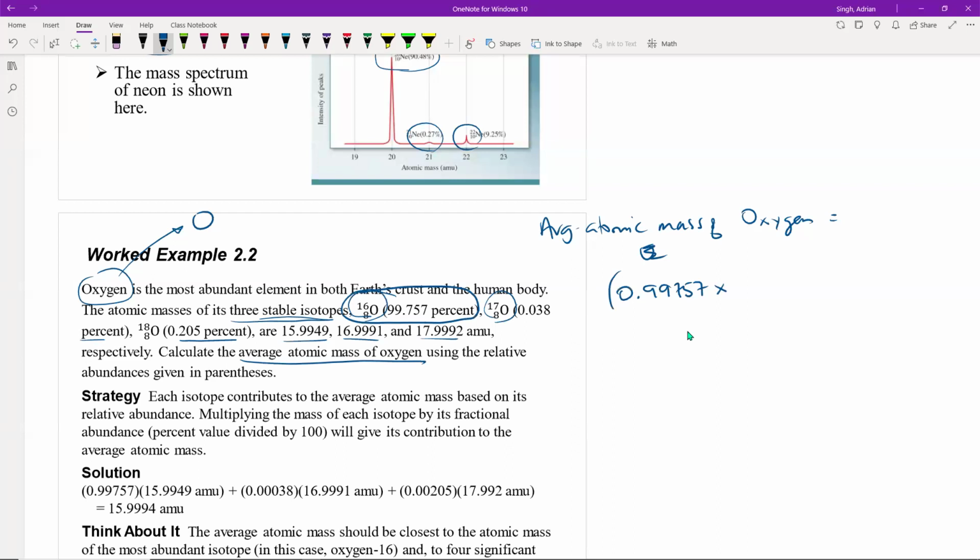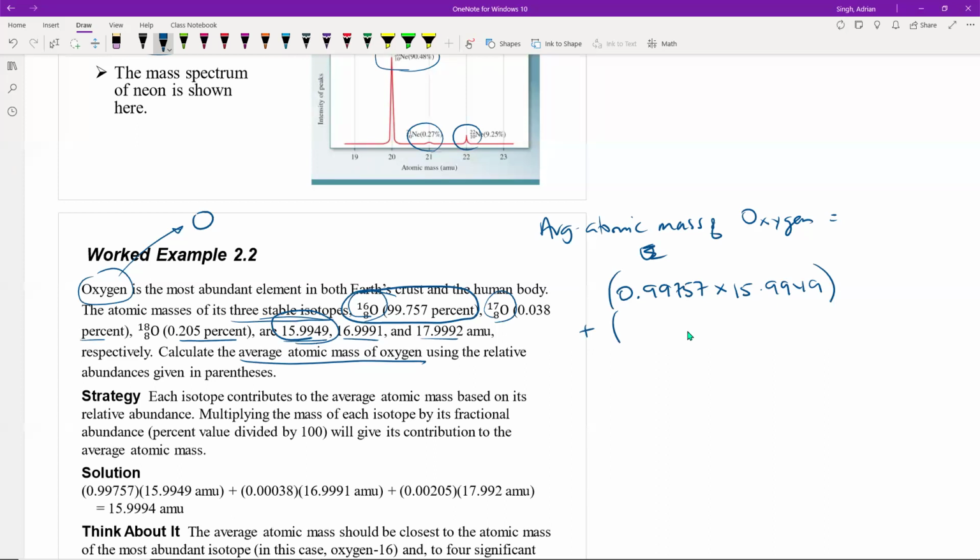I'm going to multiply it by the mass of oxygen 16, which is given as 15.9949. And I'm going to add that to the percent abundance of the other isotope, oxygen 17.